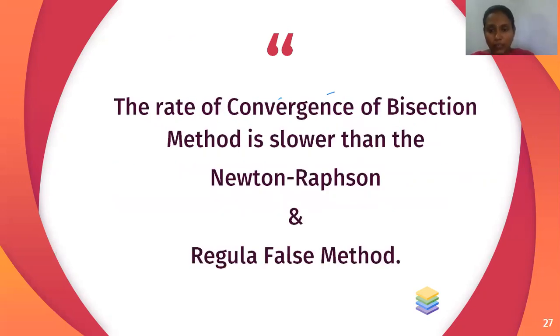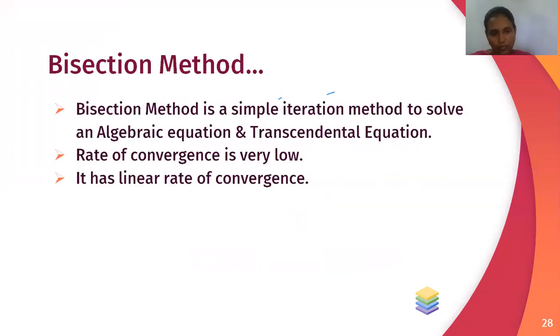The convergence of the bisection method is very slow compared with the regula falsi method and Newton's method. The convergence rate is linear, so it is very slow. That is the drawback of the bisection method.